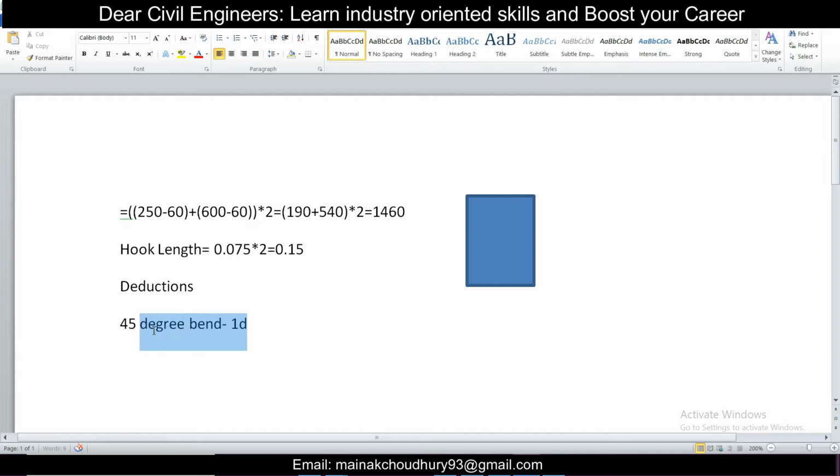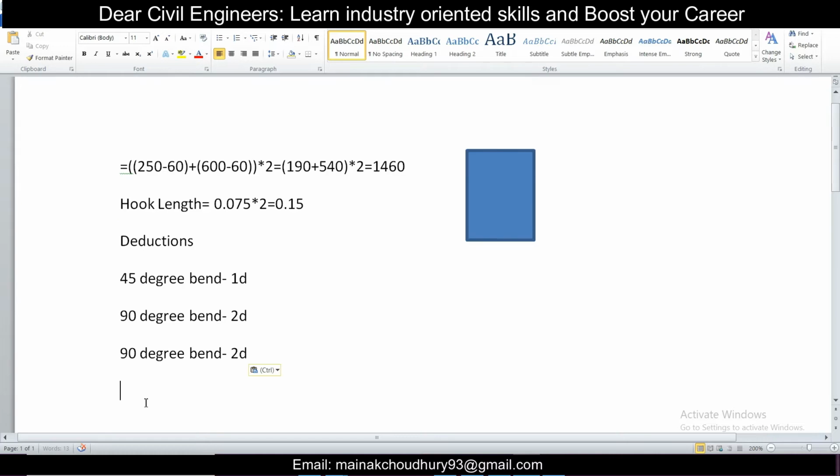Similarly, if the bend is 90 degree, as you can see here we have 3 90 degree bends, then the deduction will be 2D. And if the bend is 135 degree, as you have 2 bends of 135 degree here, the deduction will be 3D. So this is very important. Whenever in any BBS, we need to remember this.